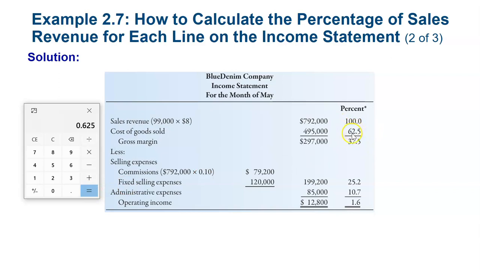And if you recall a moment ago, I already did gross margin this way and came up with 37.5%. So gross margin percentage plus cost of goods sold percentage will always equal 100% of sales revenue, just as cost of goods sold plus gross margin in dollars will always equal sales revenue.